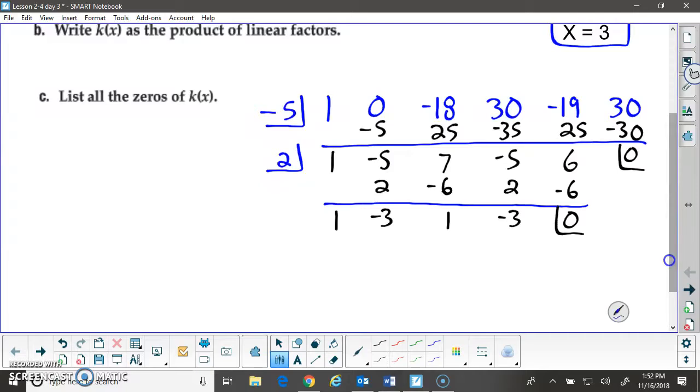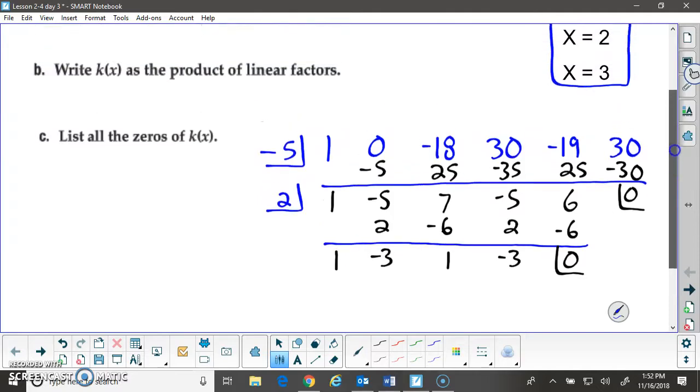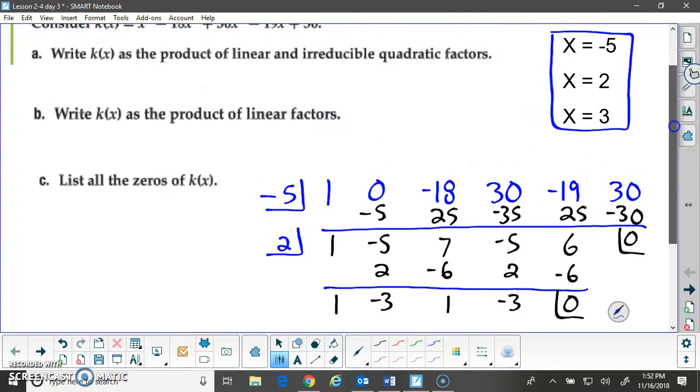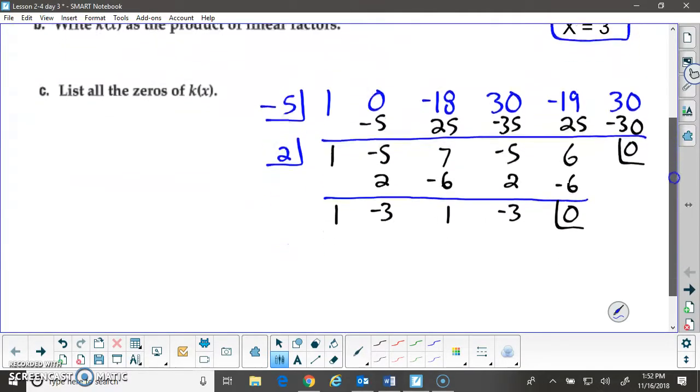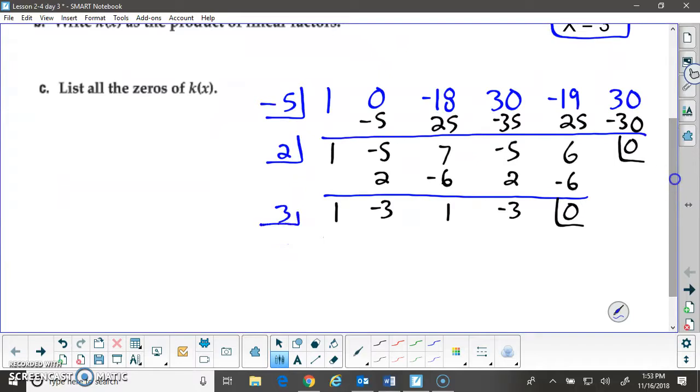I'm going to proceed by using the third 0 given, which we've used the -5, we've used the 2, now we're going to use the 3, along with the resulting coefficients, and again we should get a 0 at the end. So everything's working out like we thought it would.